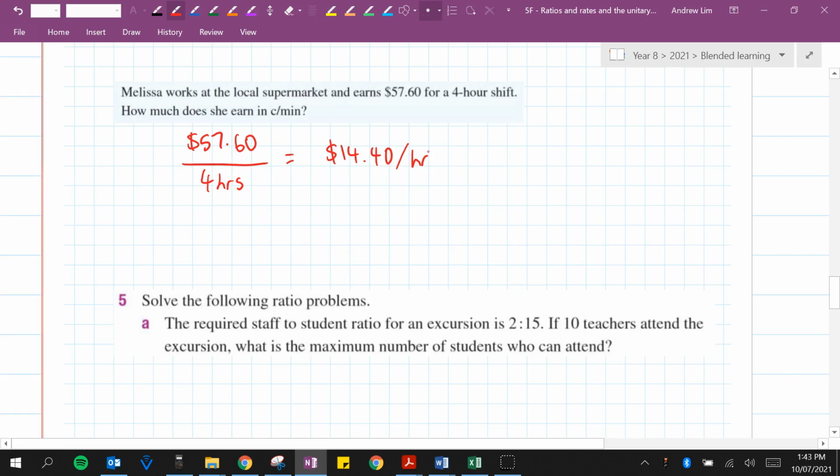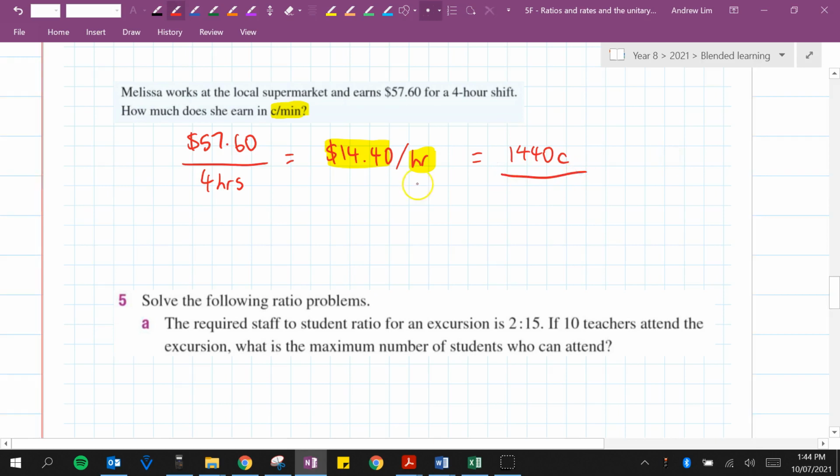Now, if we want to convert that into cents per minute, as the question says, we need to convert the $14.40 into cents and the hours into minutes. So $14.40 is the same as 1,440 cents, because there are 100 cents in a dollar, so we times it by 100.